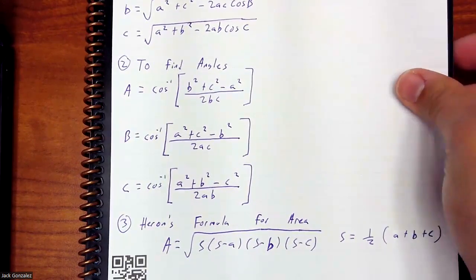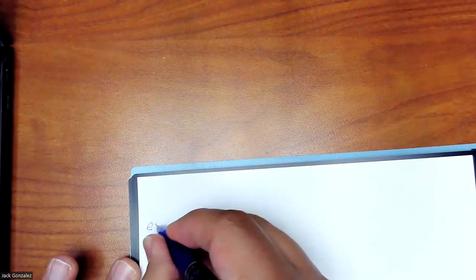Let's go on this page. All right, example 1, the first one for 8.2.